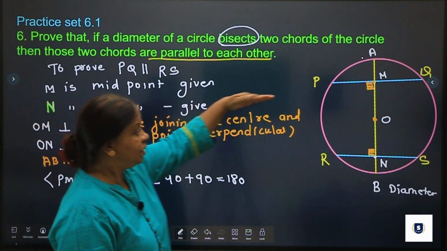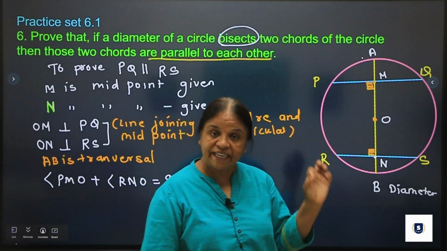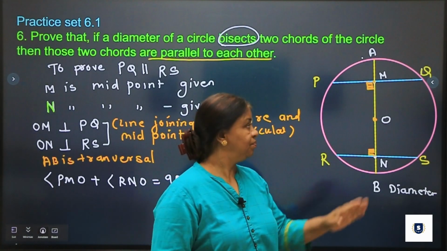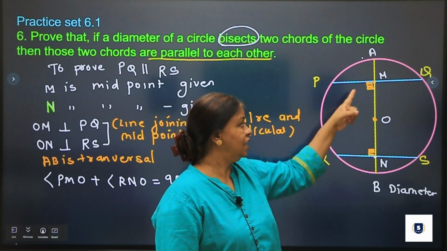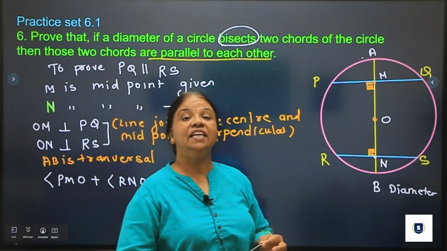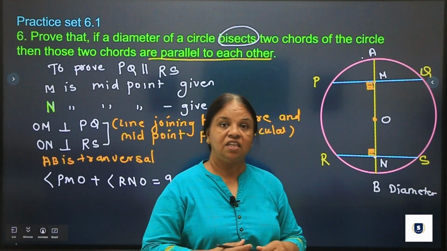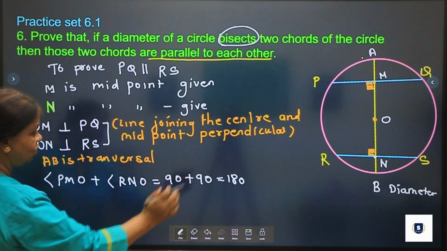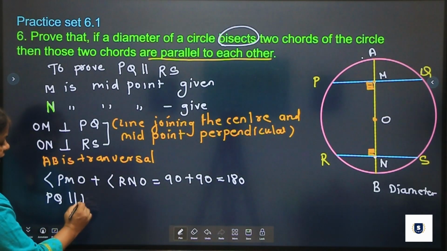So in between the two lines, if the two angles sum up to 180 degrees, then those two lines are parallel. Remember, if AB is a transversal and in between these two lines the angle sums up to 180 degrees, interior angle test we can say. Sum of the interior angles is 180, we can say. So we can say that line PQ is parallel to RS.